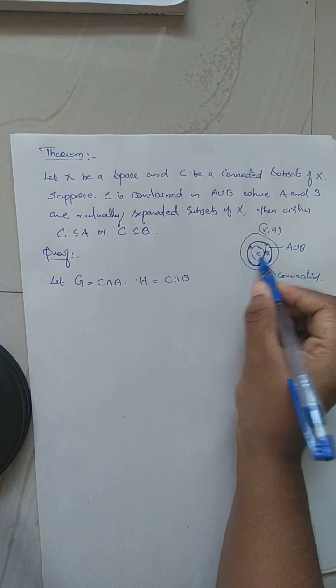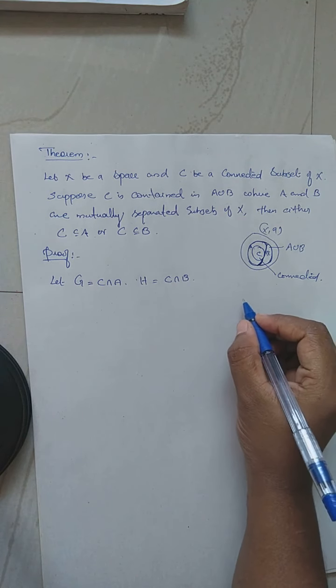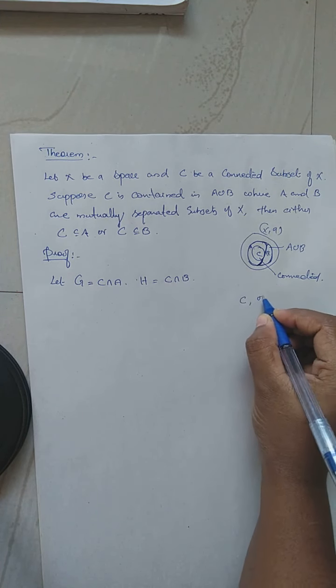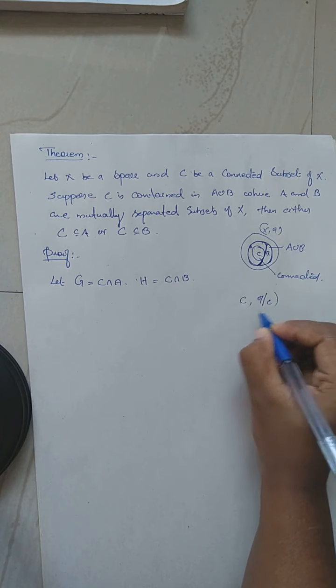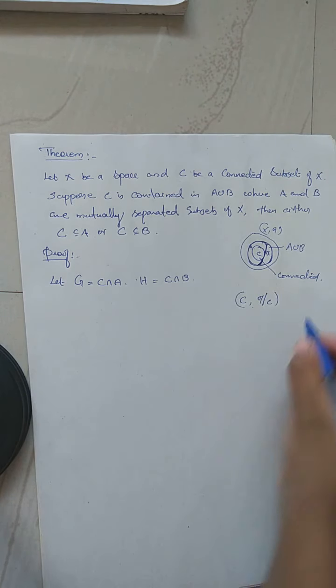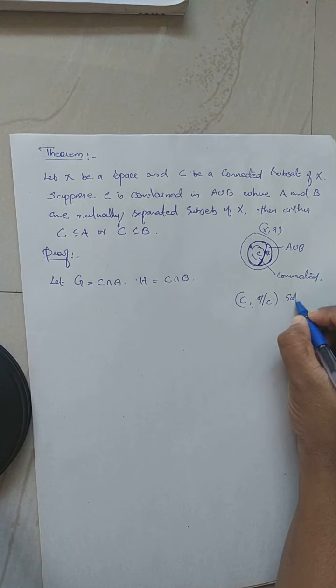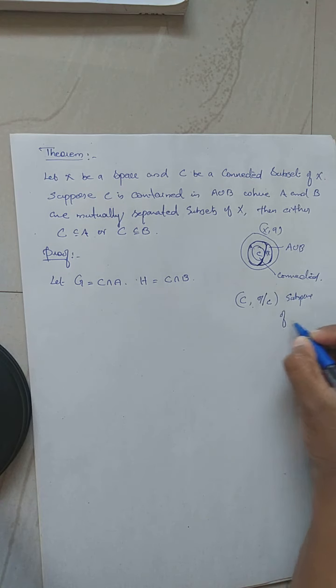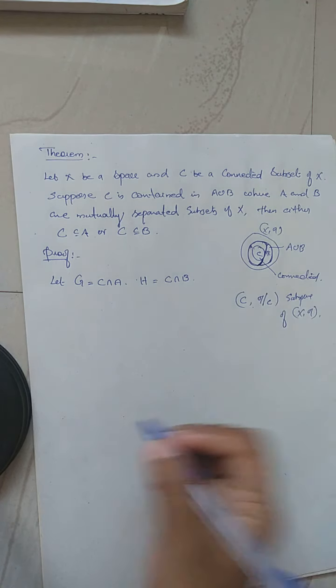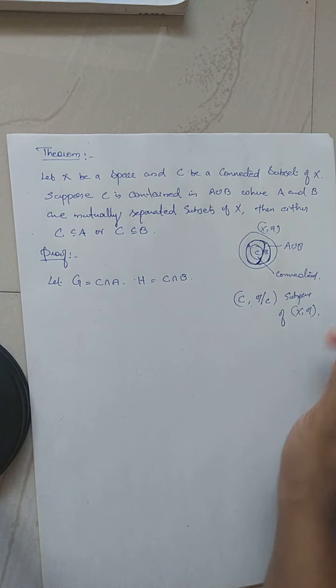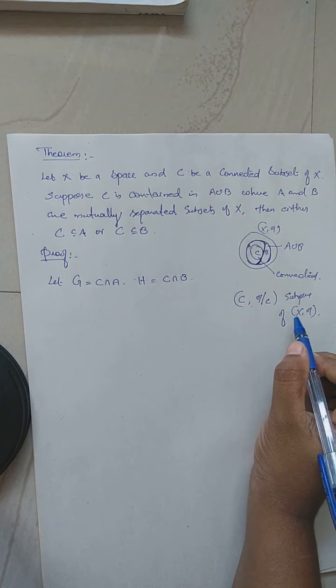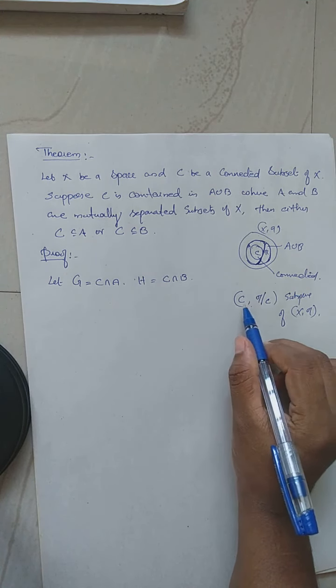Since C is a connected subset of X, you consider C with tau restricted to C, which is a subspace of X, tau. Then how can you define a closed set in the subspace topology of C?